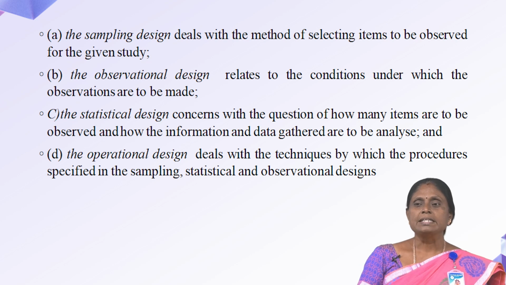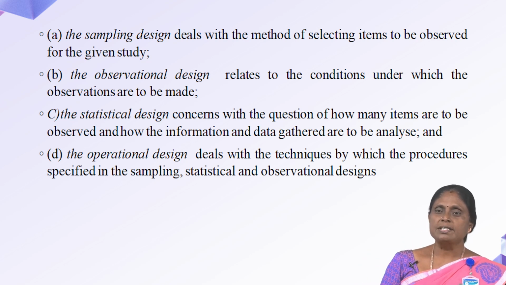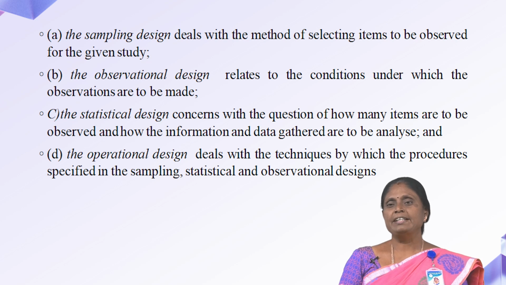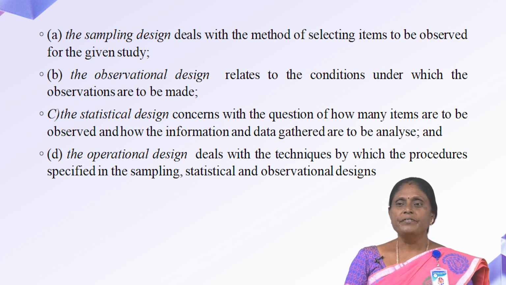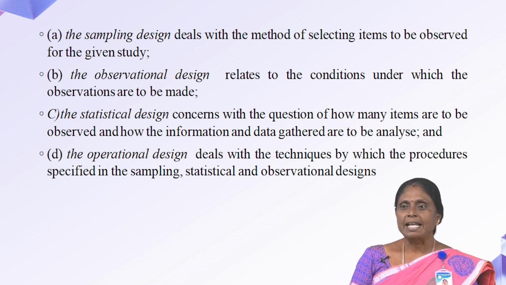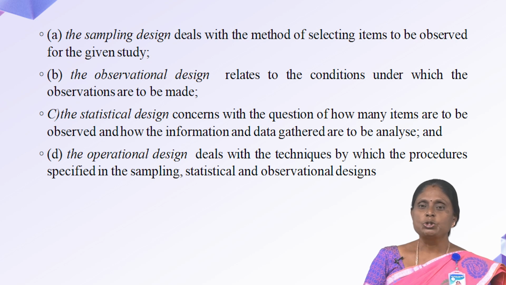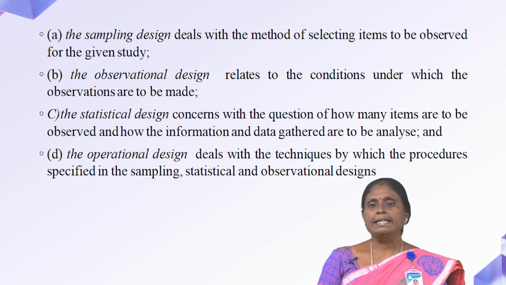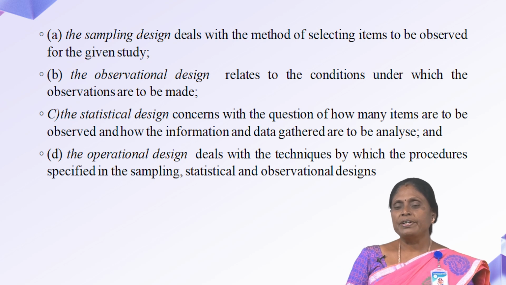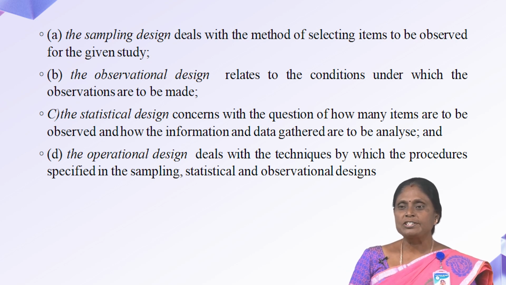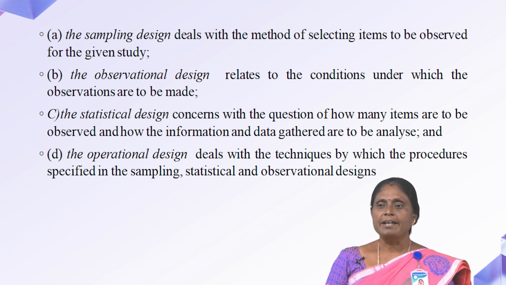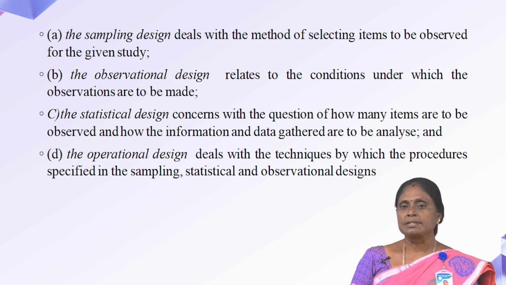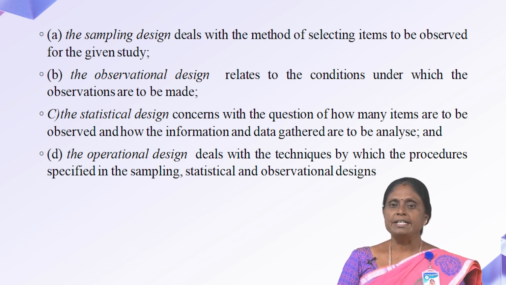The first one, sampling design, deals with the method of selecting items to be observed for the given study. Next, the observational design relates to the conditions under which the observations are to be made.